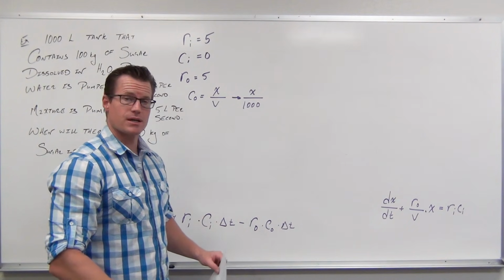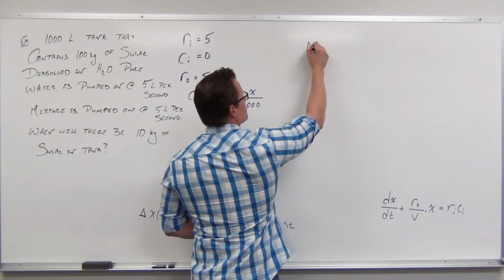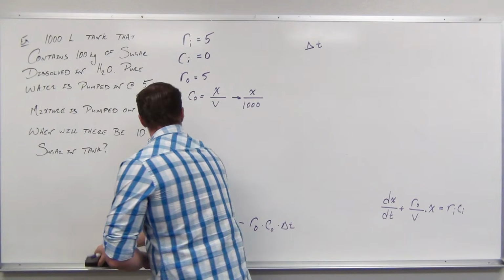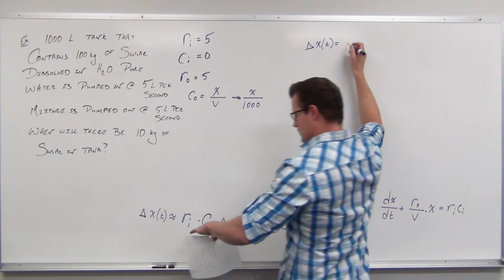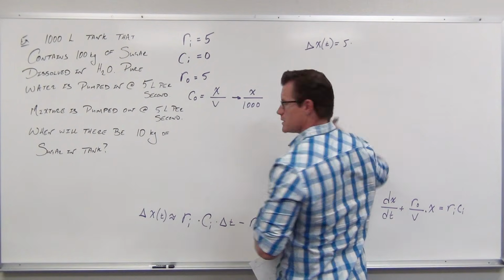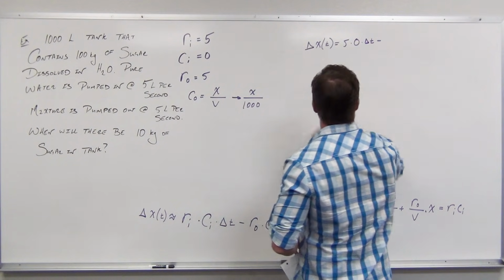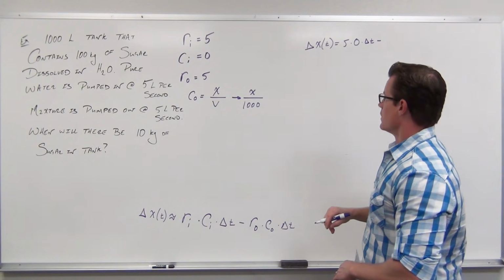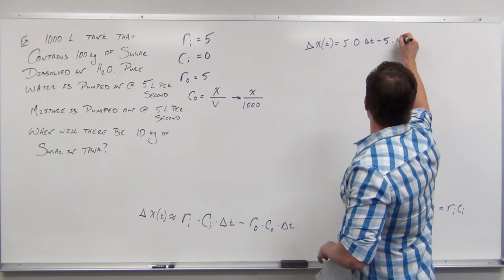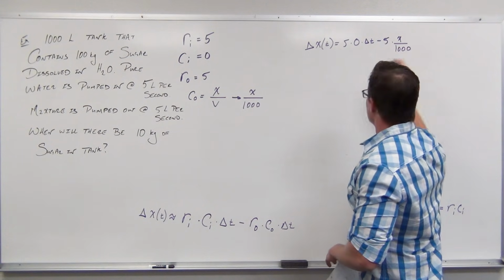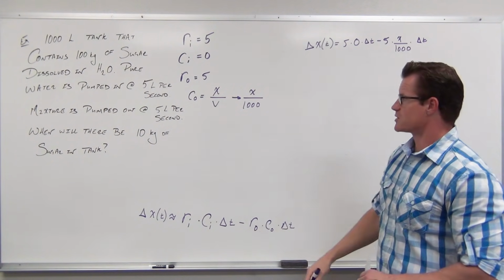Well, let's start putting this all together. If we take our variables and plug them in down here, R sub i is 5, C sub i is 0, minus R sub out, 5, times C sub out, which is x over 1,000, times how much time is changing.